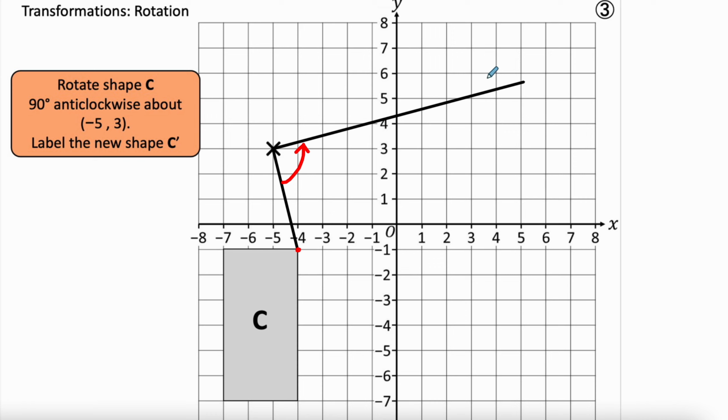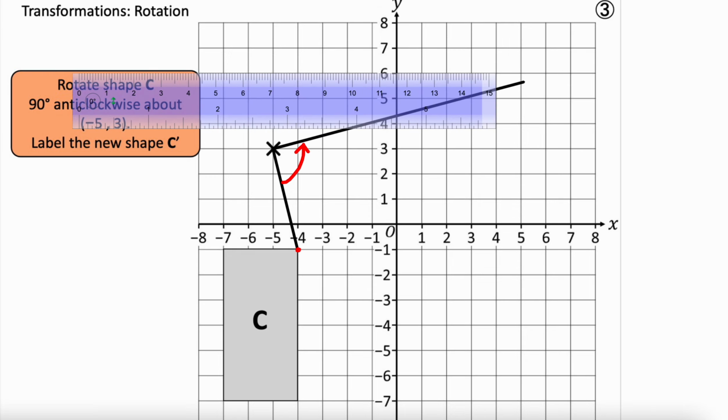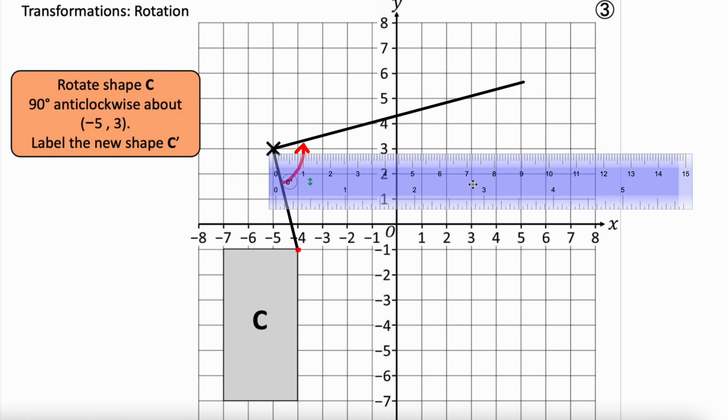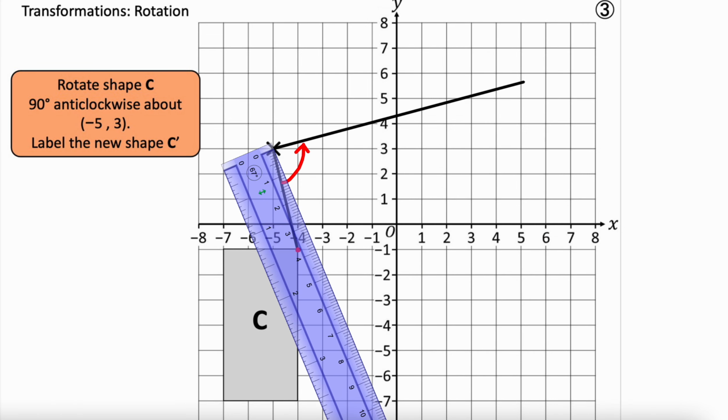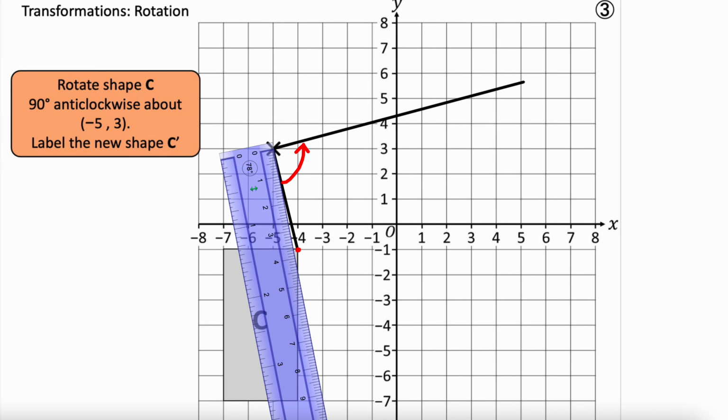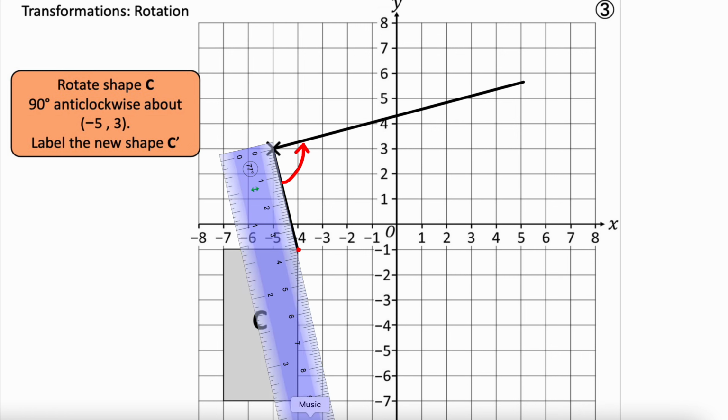So how do we figure out where exactly? We have several ways. We could, for instance, take a ruler and try to measure how long the distance is from the center of rotation to the vertex we are rotating, because remember the distance of the original vertex to the center of rotation should be equal to the distance of its image to the center of rotation.